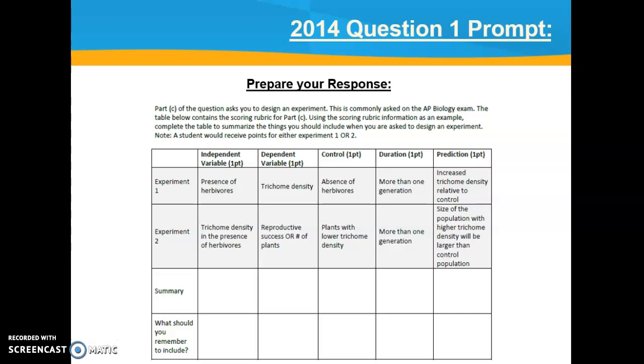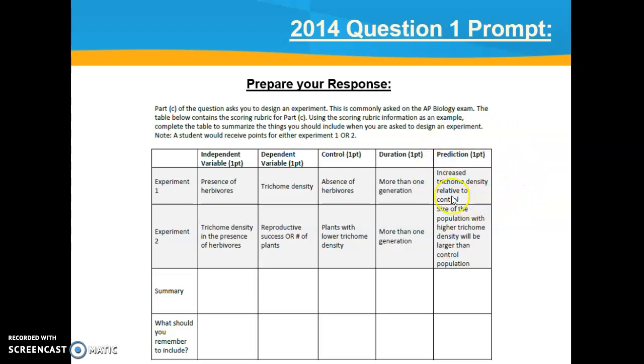And the group without the herbivores, you would count how many trichomes there are. In this case, our control group would be the group of plants that does not have herbivores present. We should follow this for more than 1 generation because we are talking about natural selection, and that takes quite a while, at least 2 generations to see an effect.